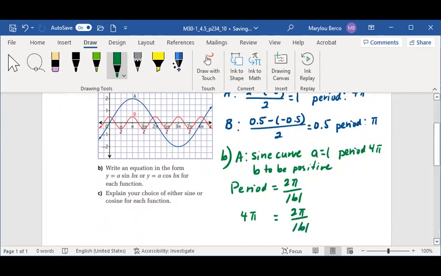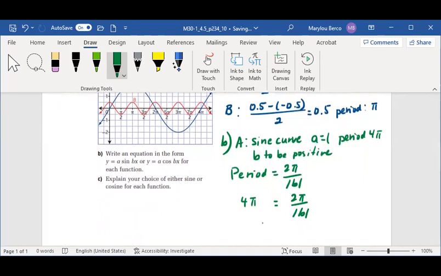So b is equal to 1/2. So the equation for the function y equals a sine bx is y equals sine 1/2 x. That's for A.